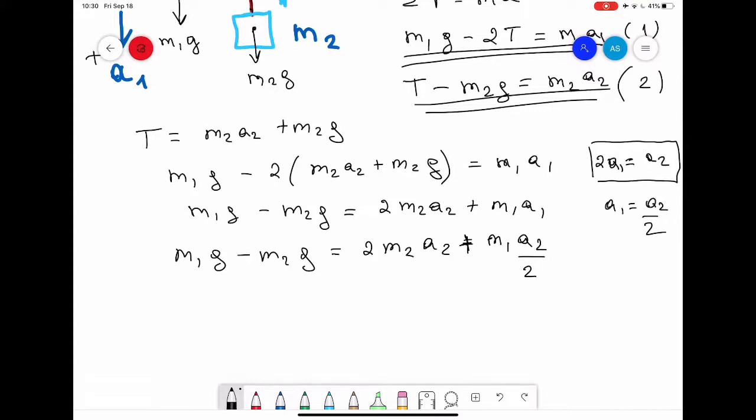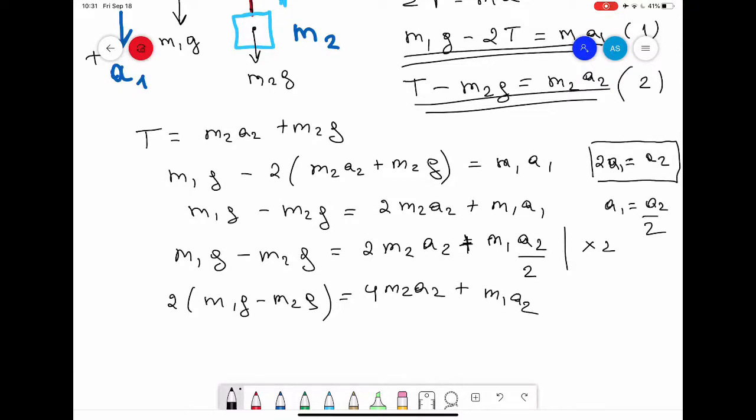So then what else? Let's multiply both sides of the equation by 2. If you multiply both sides, then what will you get? You will get 2M1G minus M2G is equal to 4 times M2A2 plus M1A2.